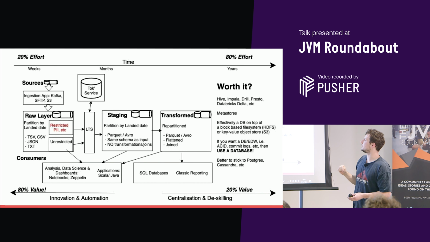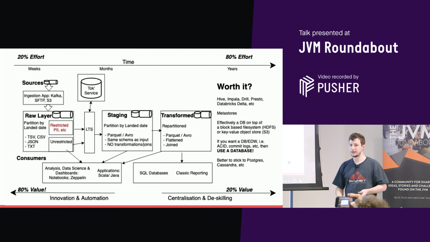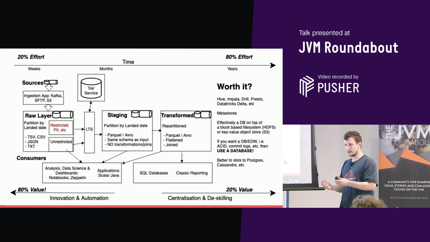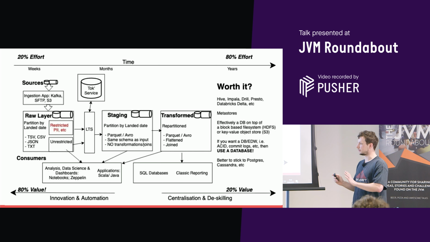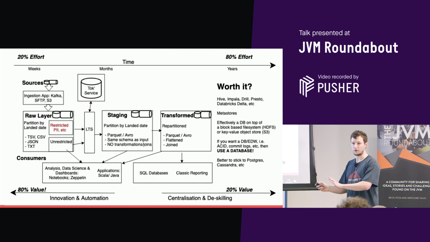So, for example, Hive and Impala, these technologies are quite impressive and they can do some impressive things, but ultimately, if they're trying to do, say, ACID transactions or something like that, why don't you just use a database? That's not the point of a data lake. It's not that it's a wrong thing to do, it's just not for a data lake.